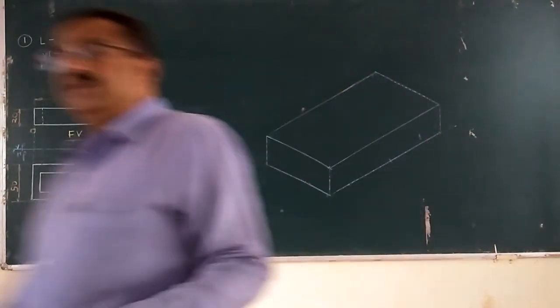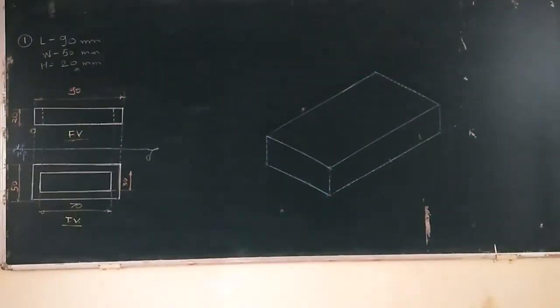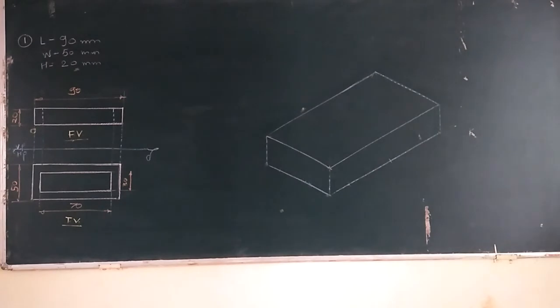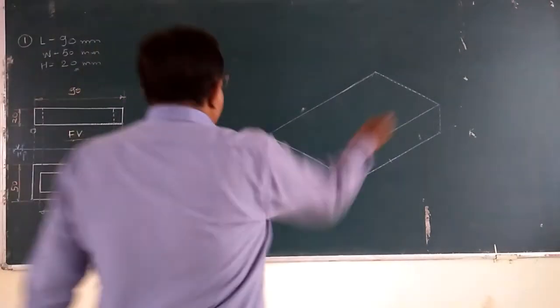Now the outline you can make fair. Immediately, one should make the outline fair, by scale and pencil only. You have to give the look of a visible outline to the entire box.